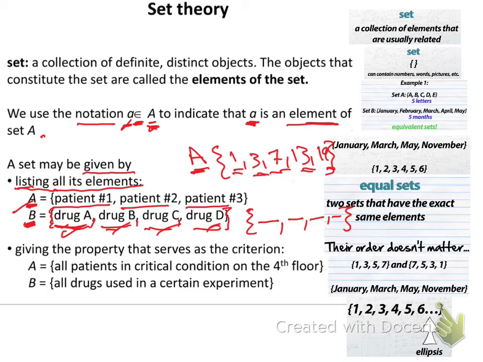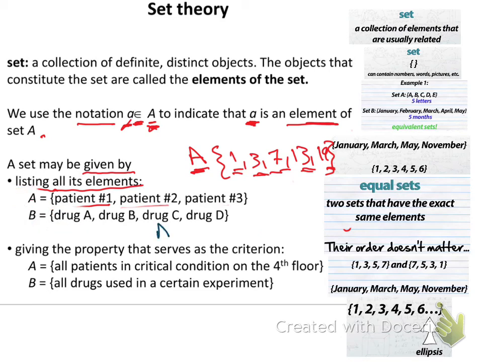So I can say set A equals group of even numbers between 10 and 20.